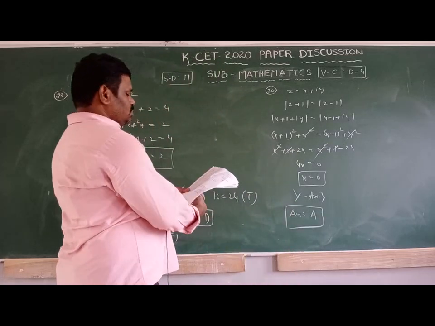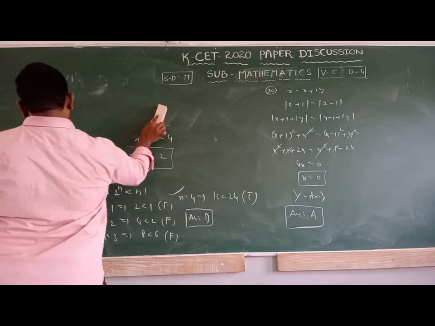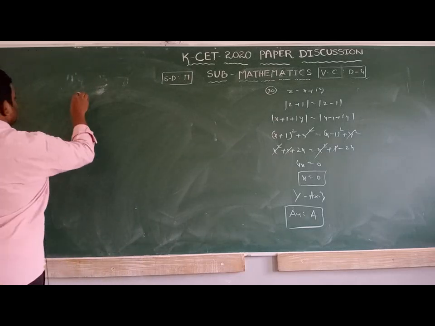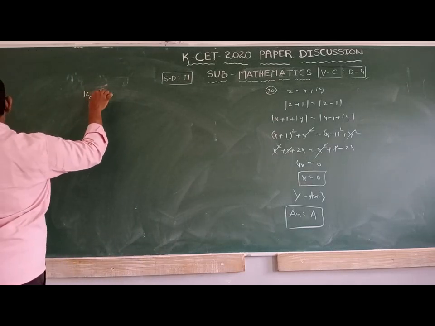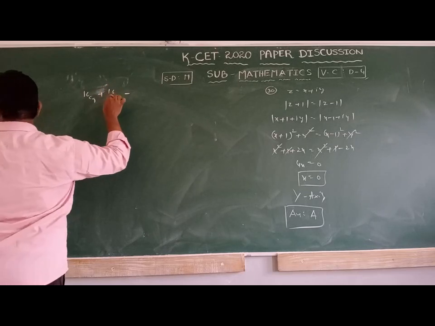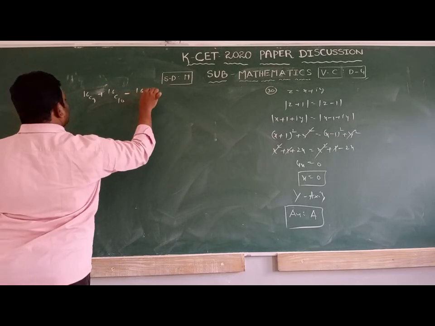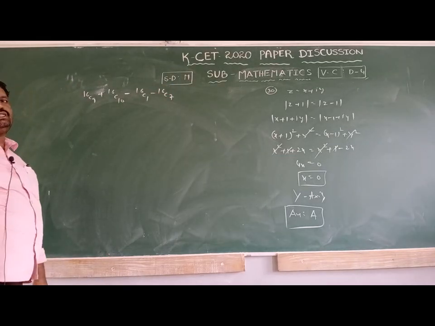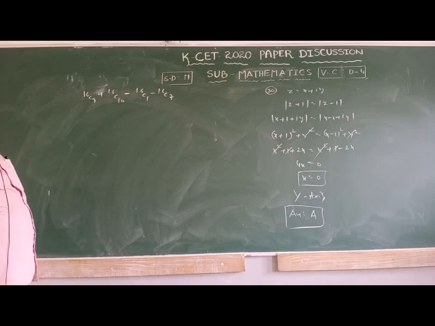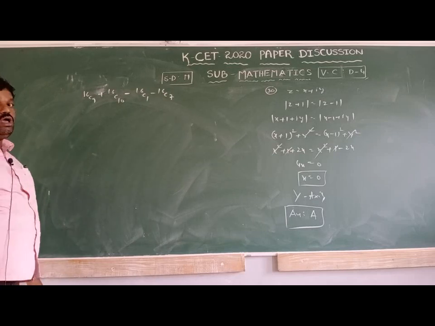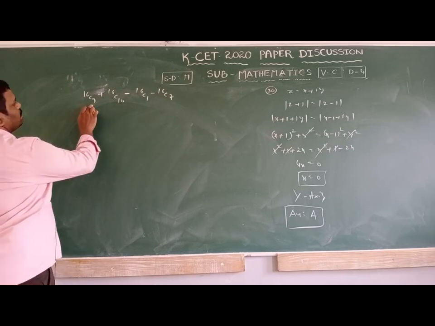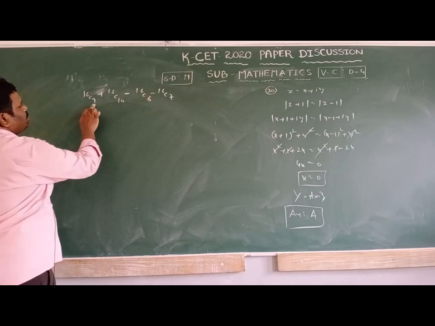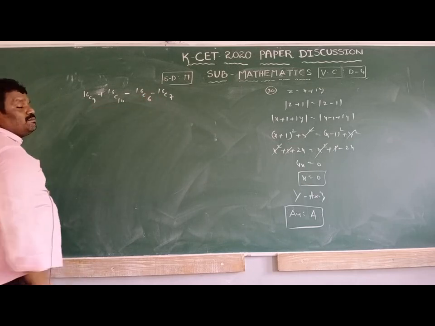Okay, next, a binomial theorem problem. The given value is 16c9 plus 16c10 minus 16c6 plus 16c7. Here there are two types of method. We use nCr plus nCr minus 1 is equal to n plus 1 Cr.